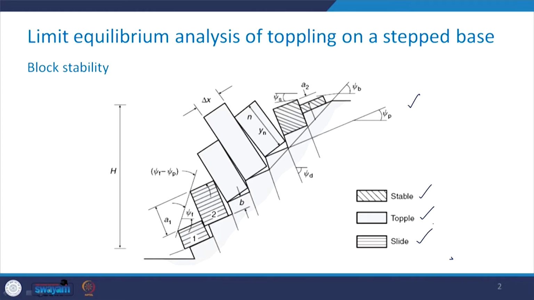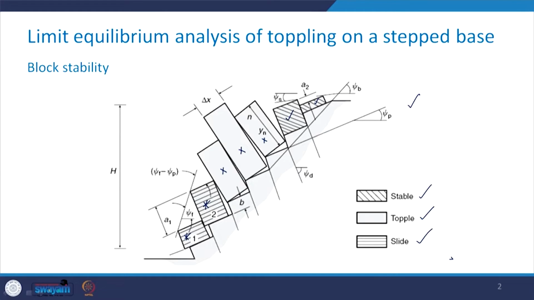In this figure, you can see that this block and this block are stable blocks. However, these three blocks have the tendency to topple, and this one and this one are prone to sliding.